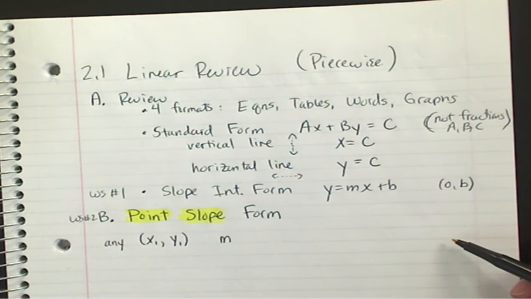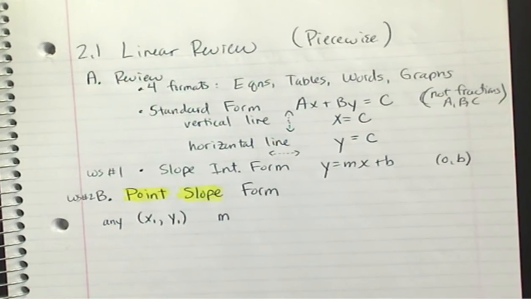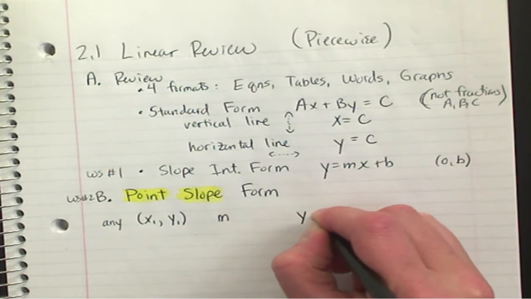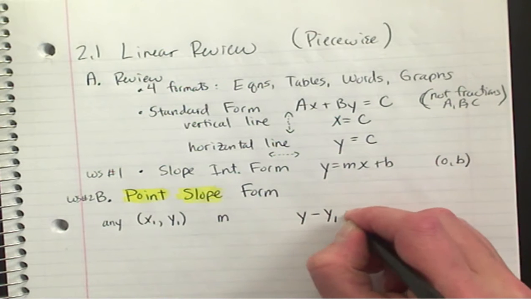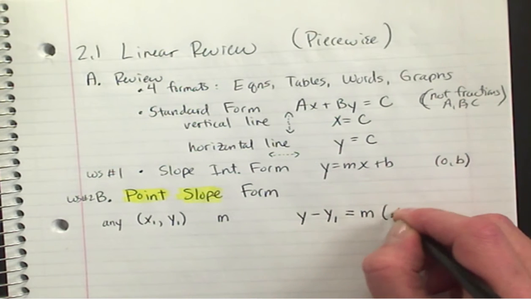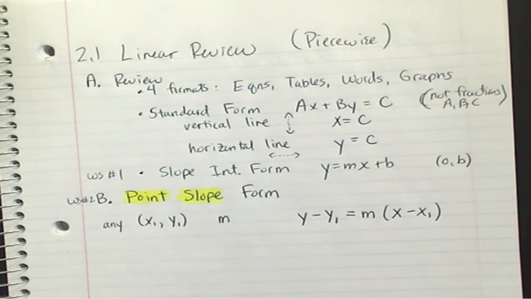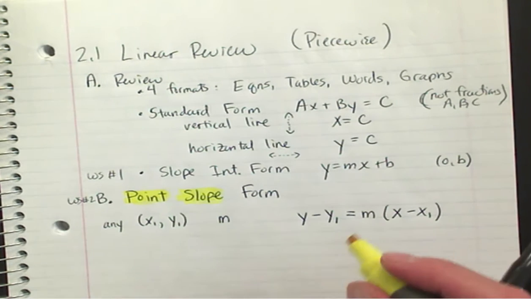This equation is good for any point. That's why it's more useful. So any point and a slope. And it's going to look like this. Y minus y1 equals slope, parentheses, x minus x1. That's point slope form.